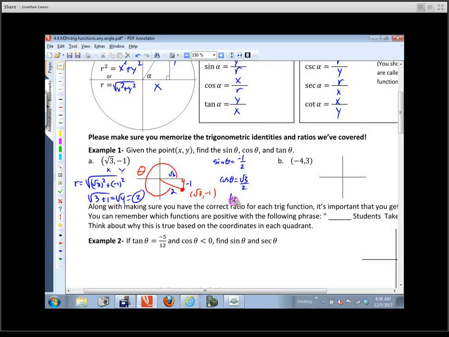And then the tangent of that angle is going to be the opposite side over the adjacent, or the y-coordinate over the x-coordinate, so that would be negative 1 over radical 3. And again, we'd probably simplify that by rationalizing the denominator. That's going to be negative radical 3 over 3. All of those should be things that you recognize.